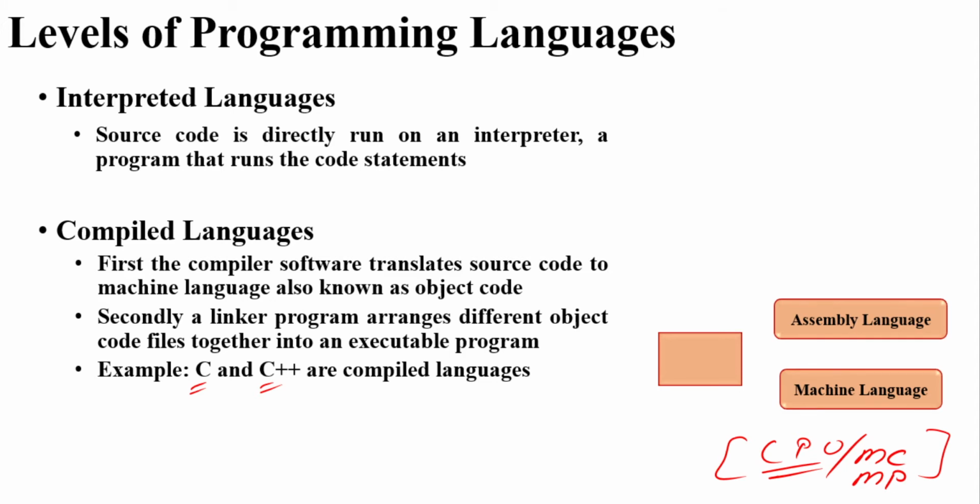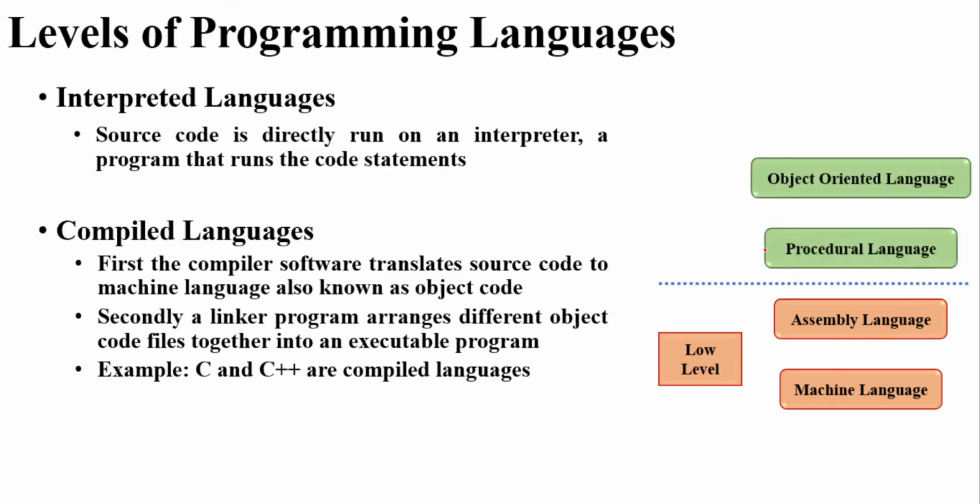There are many different lectures totally devoted to assembly language, especially for the 8085 microprocessor. So these two languages we can call low level languages. And then above that, if we go further up, we have procedural languages and object oriented languages. We call them high level languages.